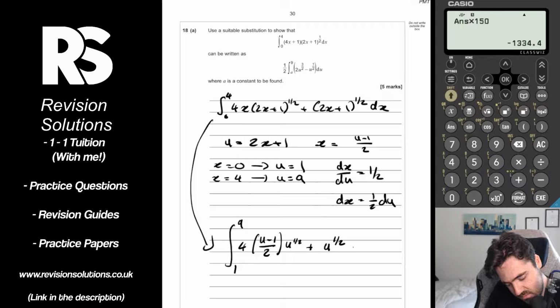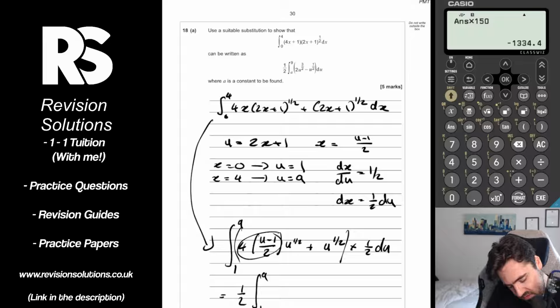And then we've got to replace the dx with a du, so that's times a half du. Then let's start to simplify this. I can bring the half all the way out because it's multiplying all of that, sorry, that should have been in brackets there. That half is multiplying everything, so I can bring that all out, between 1 and 9, the integral.